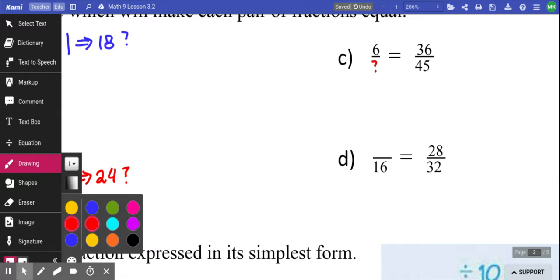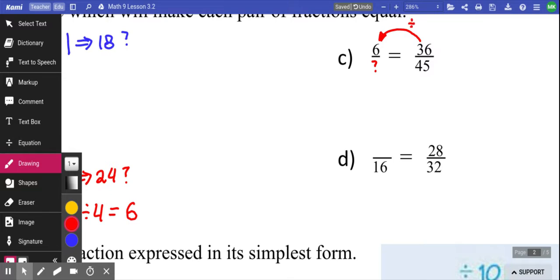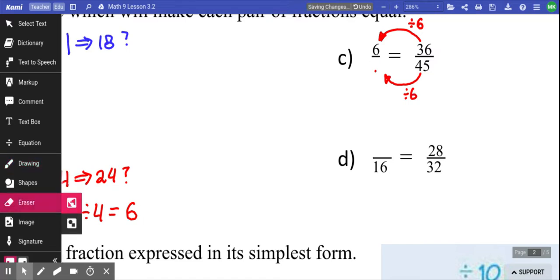That means instead of multiplying, I could ask myself, what number do I divide by to get an equivalent fraction? So 36 divided by 6 would give me 6 on the first one. That means I have to ask myself, what happens when I take 45 and divide it by 6? And what do you get, David? Or do you have a question or an answer?